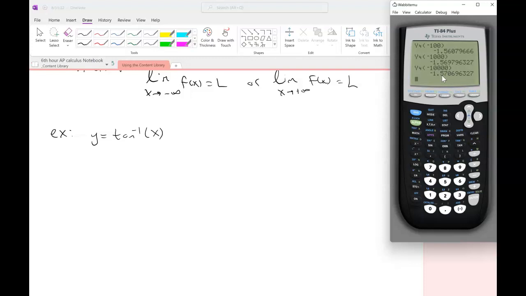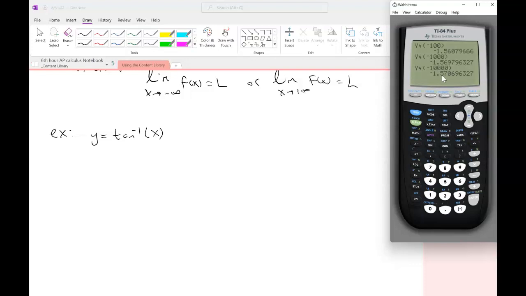Does this look like a familiar value? Isn't it like pi over 2? Yeah, why would we even be thinking it to be a number in terms of pi? It's an inverse trig function, right? What do inverse trig functions output? Angle measures in terms of radians, since our calculator is in radian mode.